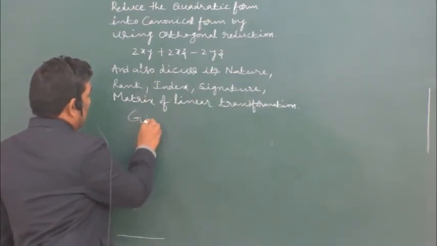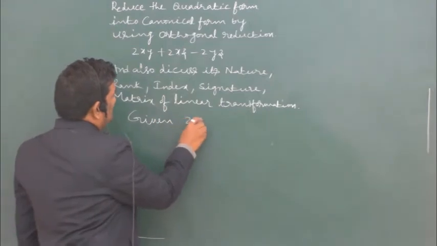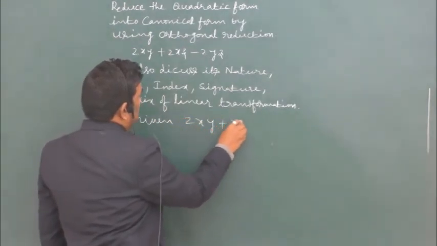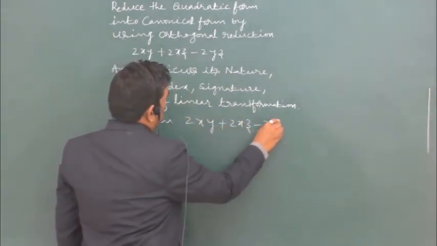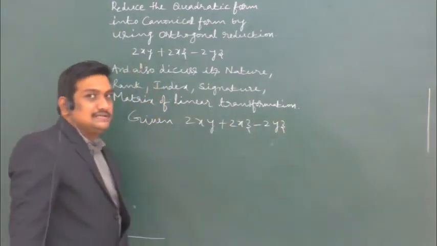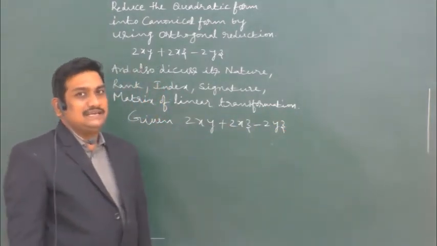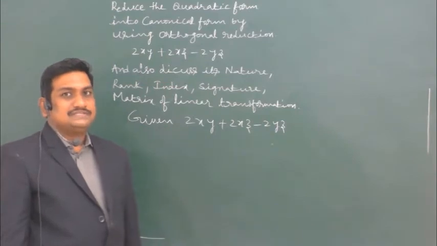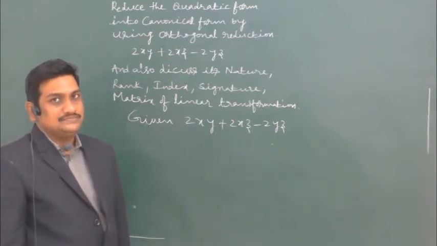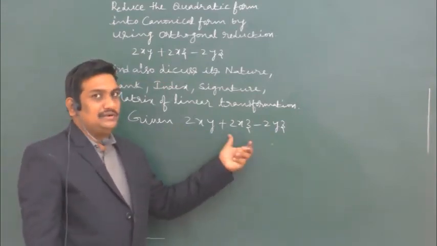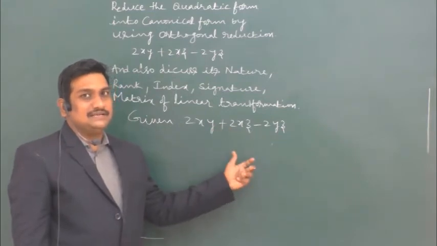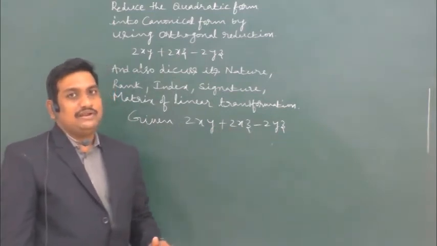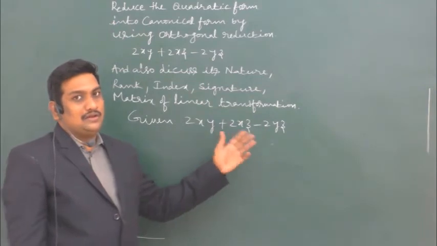So the given quadratic form is 2xy plus 2xz minus 2yz. A quadratic form is a second degree expression. It can have square terms and product terms. Since it has product terms, it can be considered a quadratic form. You need to convert this into canonical form.